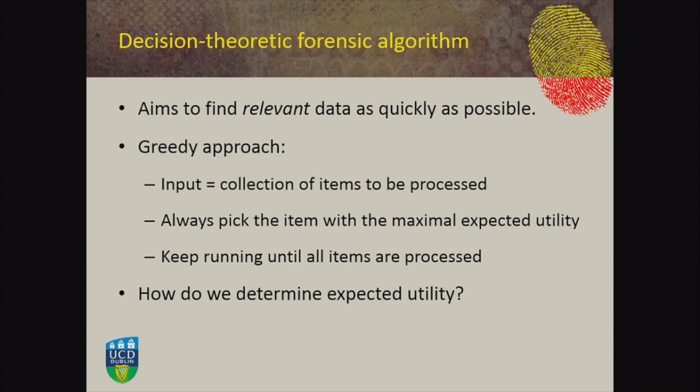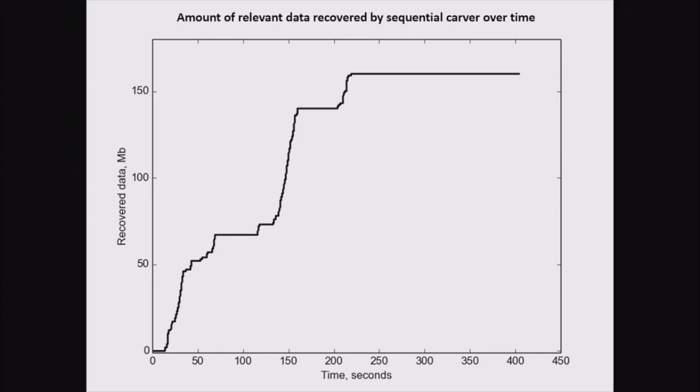So if we now focus specifically on carving, say, JPEG files from a suspect machine, to understand how we can determine utility in this particular case, let's look at the graph of the total amount of recovered data over time for a sequential carver that processes drive space from start to finish.